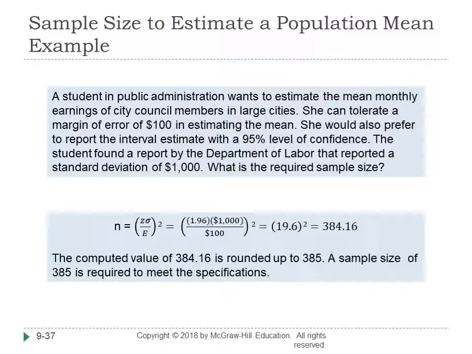Z for a 95% confidence level is 1.96 times sigma, which we know to be 1,000, divided by the error, which is 100. This is 19.6 squared, or 384.16. And of course we want to round this up. A sample size of 385 would be the required size that we need.